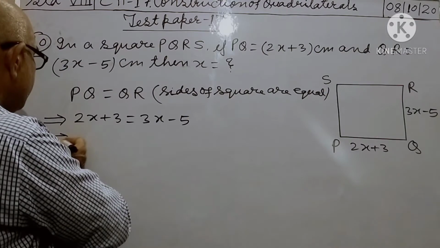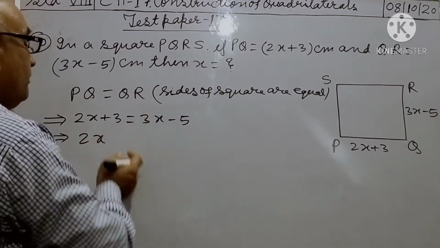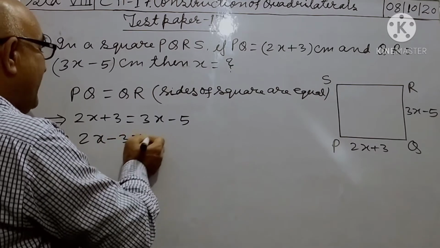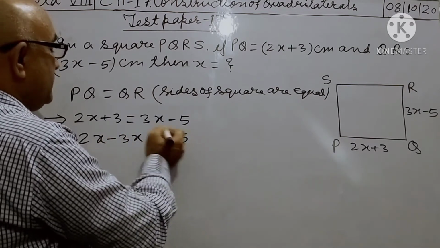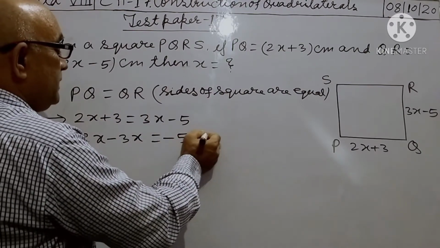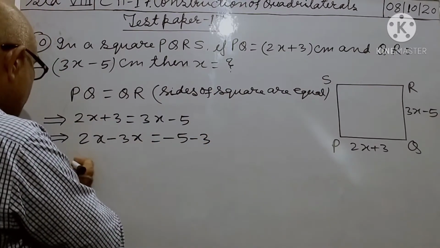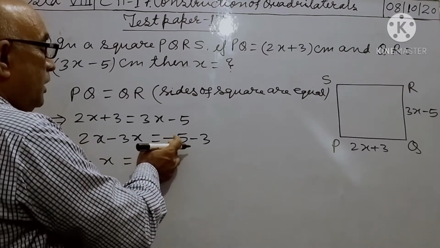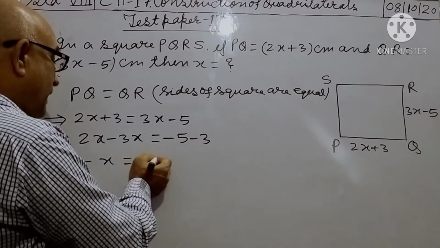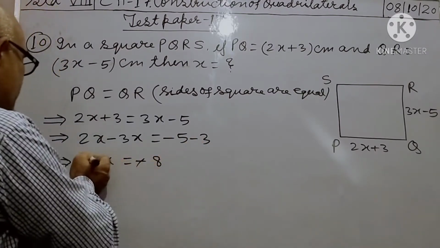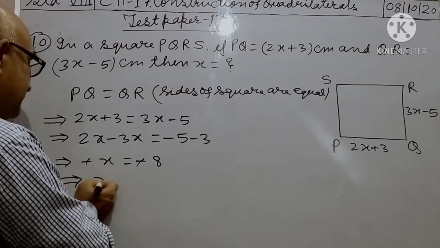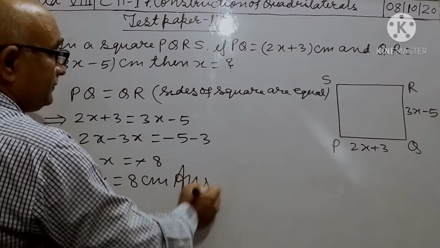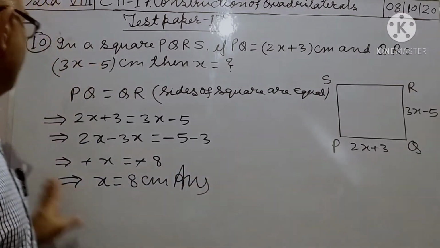Solve it. 2x minus 3x equals minus 5 minus 3, by transposition. So minus x equals minus 8. Minus and minus cancel. That implies x equals 8 cm. Answer. Students, understand and write it.